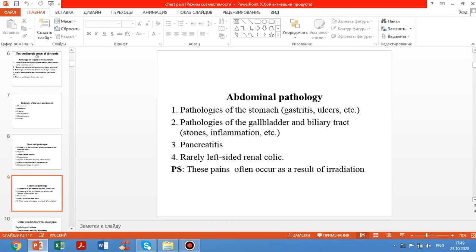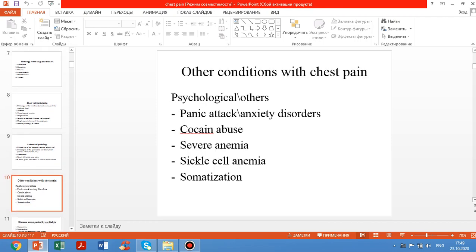These pains often occur as a result of irradiation. Other conditions with chest pain are psychological and other problems such as panic attack, anxiety disorders, cocaine abuse, severe anemia, sickle cell anemia, somatization.